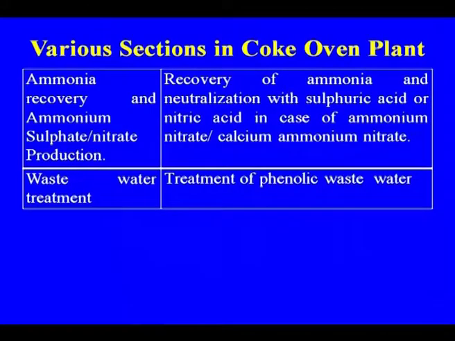Wastewater treatment, that is the treatment of the phenolic waste, because the coke oven plant is one of the major sources of phenols, and the treatment of the wastewater from the coke oven plant is very important.